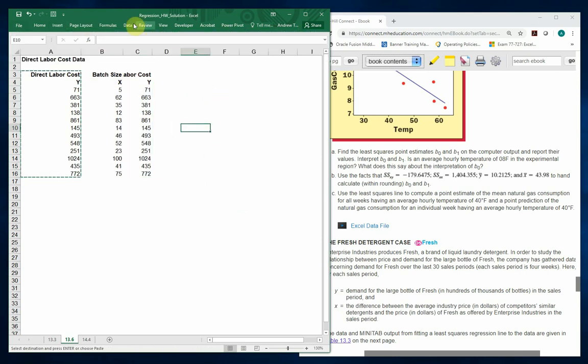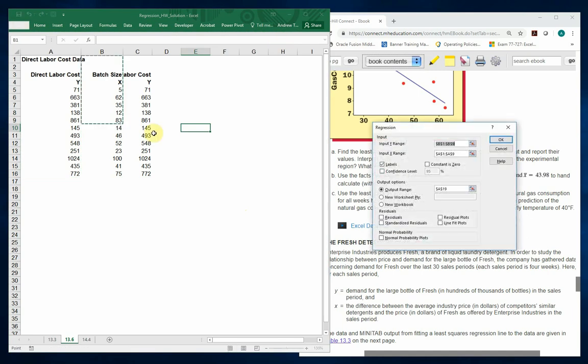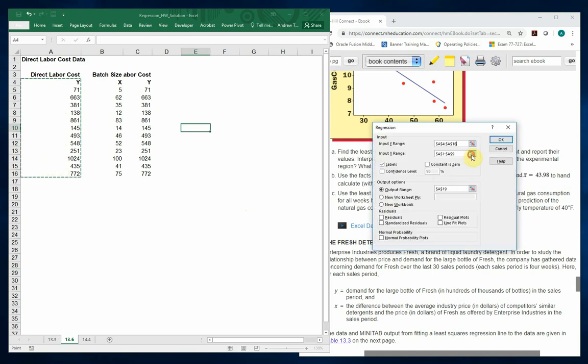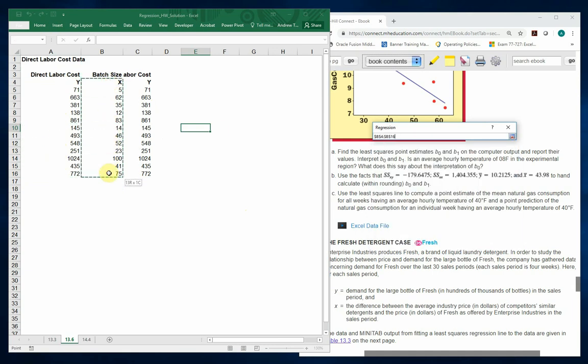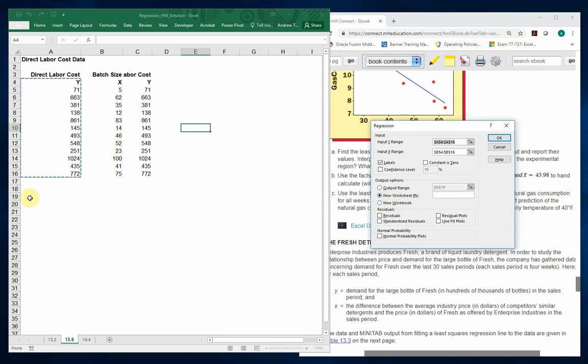But I'm going to use the data analysis. We use the data analysis regression. I'm going to go grab my y range, and I'll do it like that, and then my x range like that, and I'll put the output on this worksheet. Whoops.